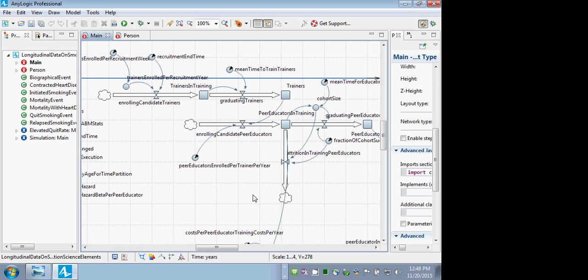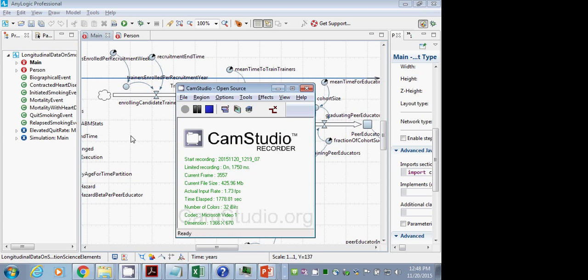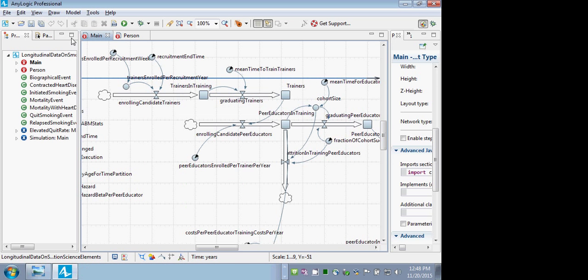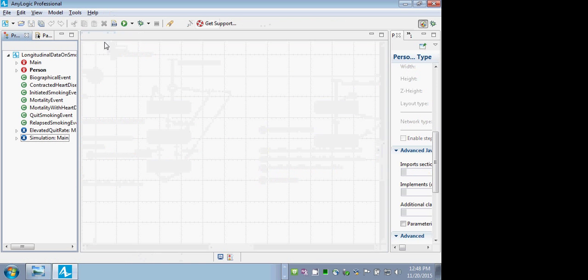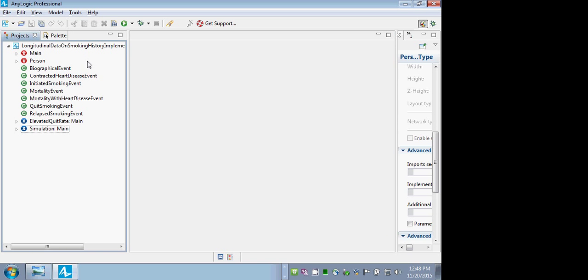Okay, let's see, additional components that we might incorporate in the model. Just thinking here, if anyone wants to see it, there's a model that I've provided to you.